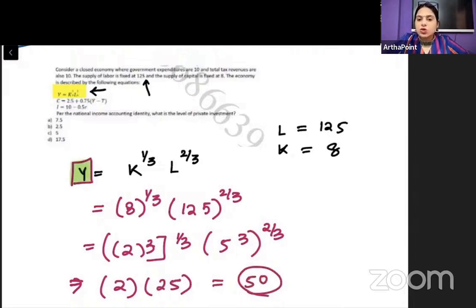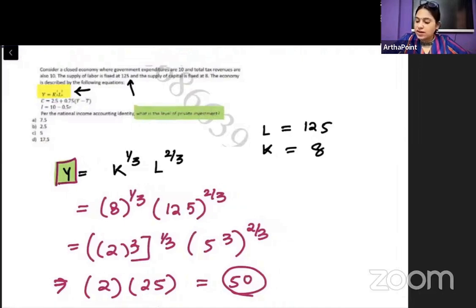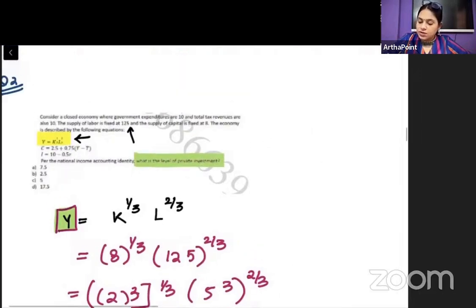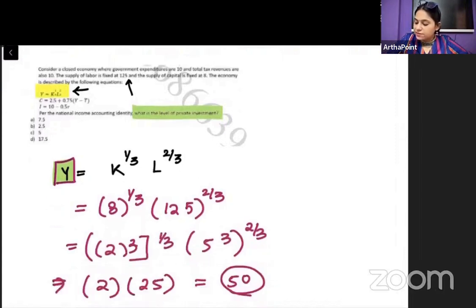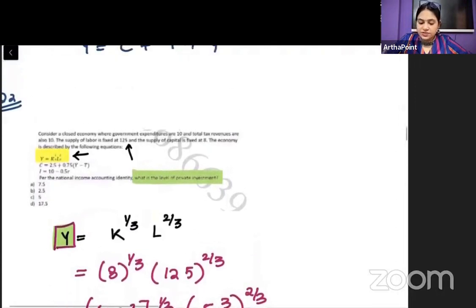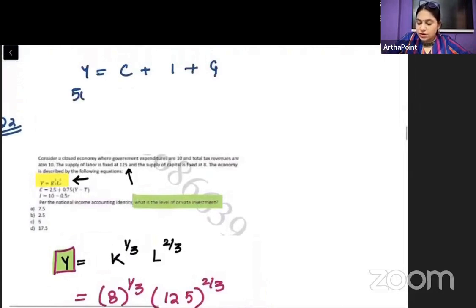Now this is asking you what will be the level of private investment. So I find out the equation is Y is equal to C plus I plus G. I have found out that my Y is 50. So I will just put 50 here.